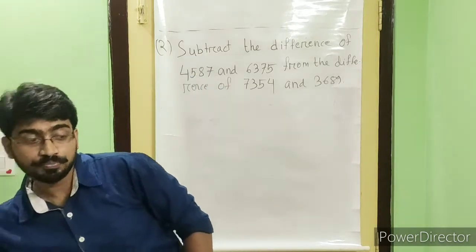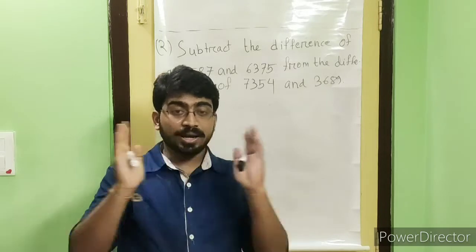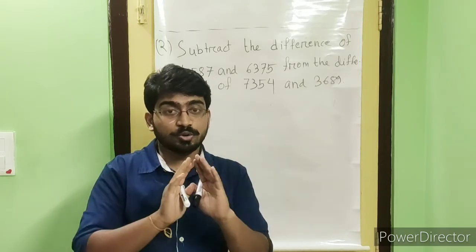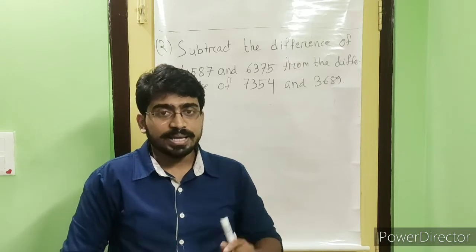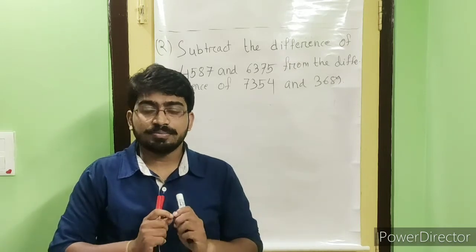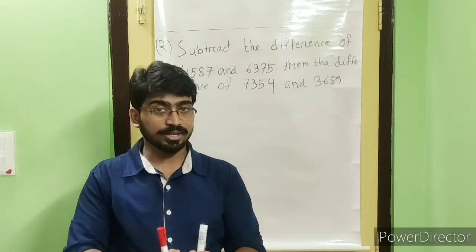Now we need to part this word problem. We need to separate this word problem from where we need to start. Every time I am saying that we need to find the hint word.